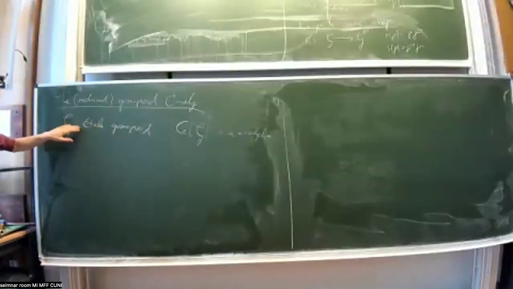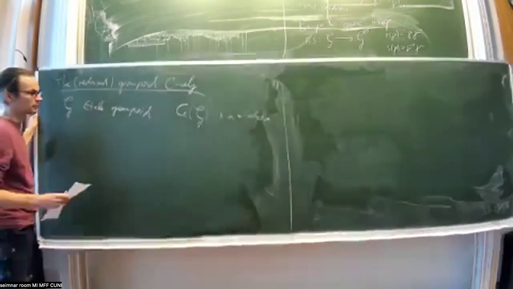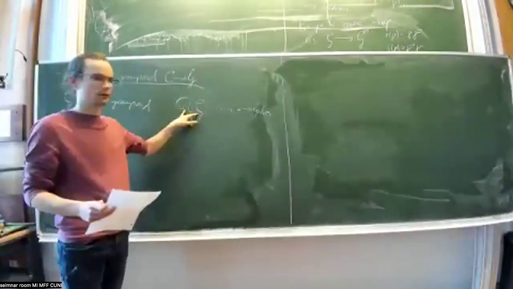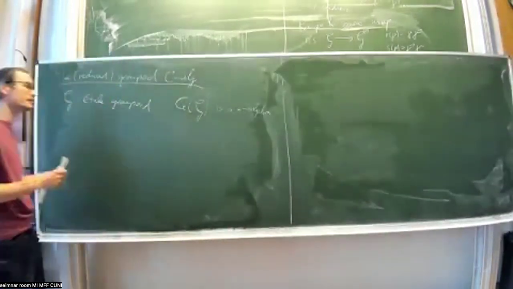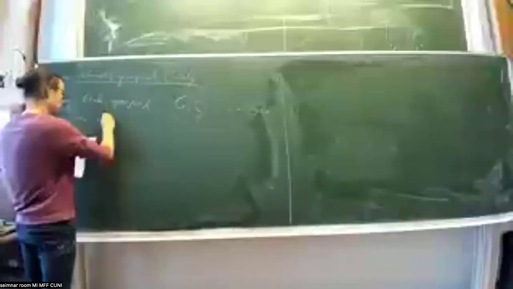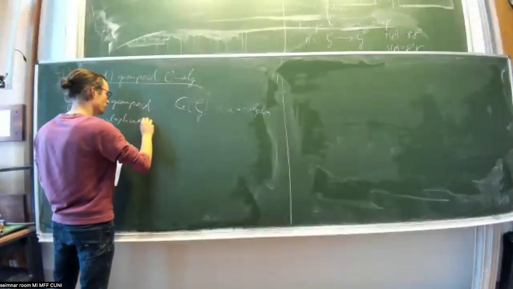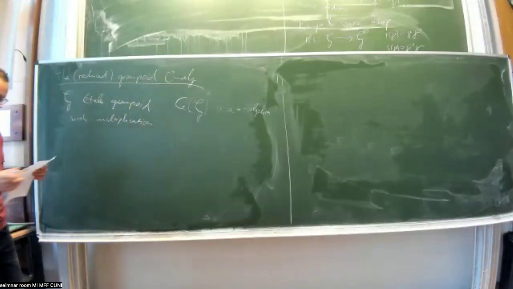So again, tacitly assuming this is Hausdorff and locally compact. But most importantly, you take compactly supported functions on your groupoid, and that's a star algebra with the following scary looking multiplication.